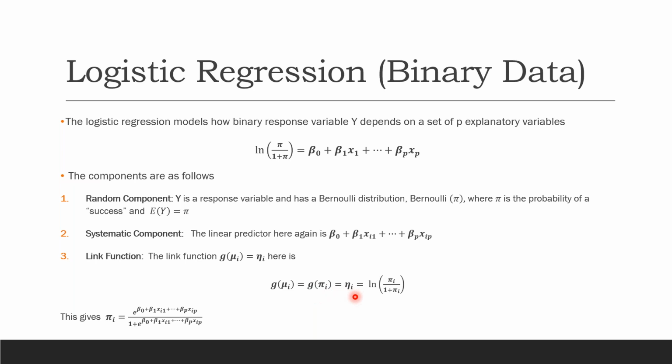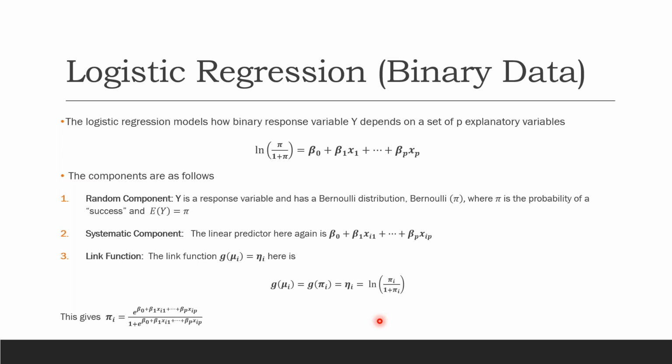We want the link function in terms of the response variable, which is this pi. So what we have here is mu is equal to pi i. So we have g of mu equal to g of pi. And in terms of pi, we have this expression, natural log of pi divided by 1 plus pi. So why this form?